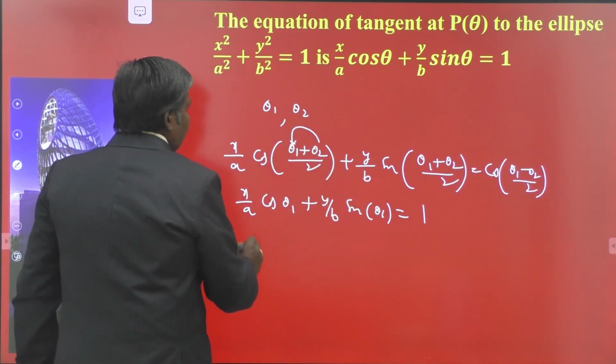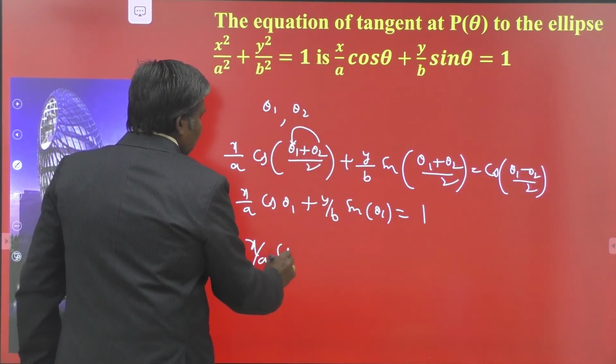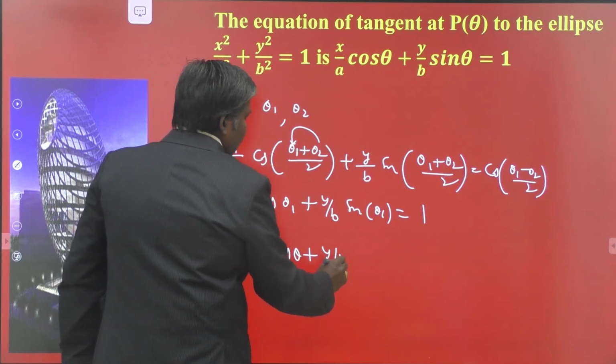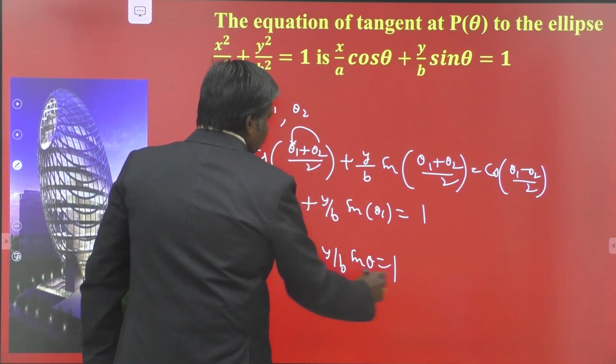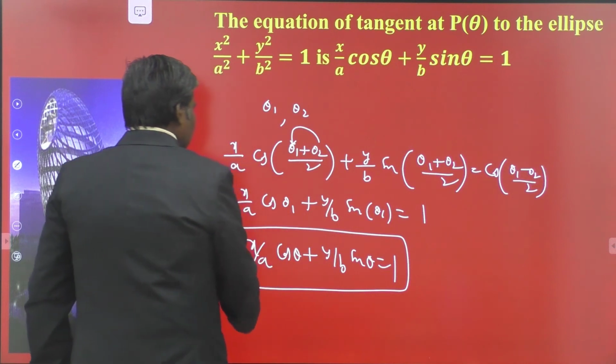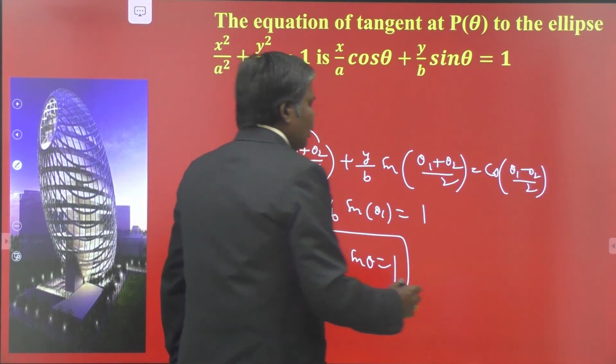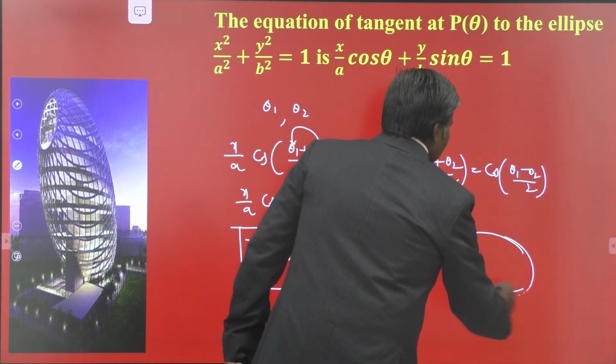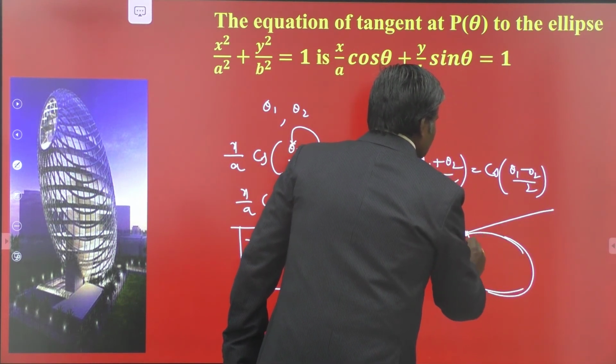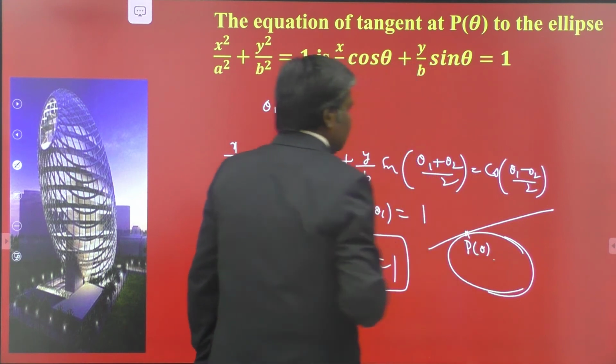Instead of theta 1, you may write theta, that is x by a cos theta plus y by b sin theta is equal to 1. This is the simple way to write the equation of tangent at P of theta to the ellipse. P of theta will mean P (a cos theta, b sin theta). This is also a particular tangent.